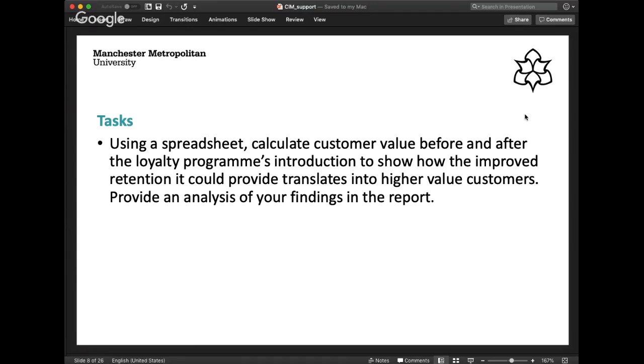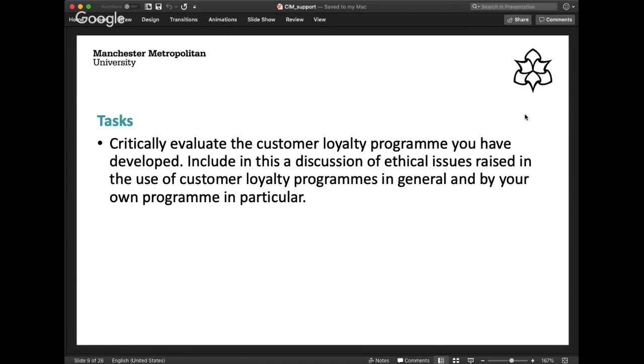And you need to critically evaluate this at the end of the report. So what you're going to be doing in this task is coming up with the values, and you will report on the actual physical values in the report, and you can put the screenshot of your spreadsheet in your appendix. But what you're actually going to do is report the numbers rather than the spreadsheet.